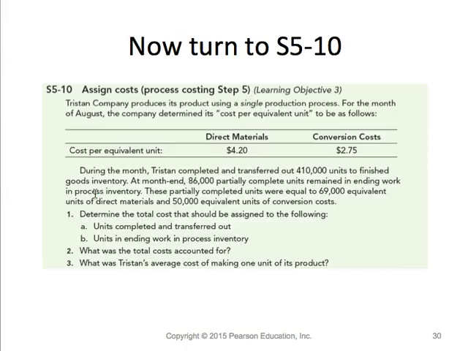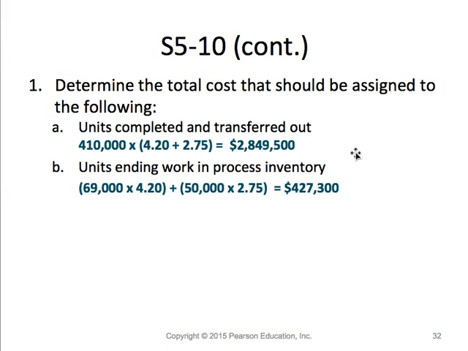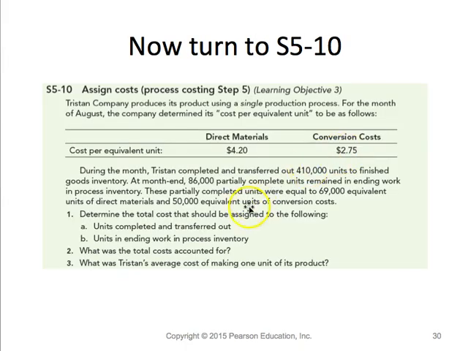There are two numbers: 69,000 is the equivalent unit of direct materials and 50,000 is the equivalent unit of conversion cost. So we're going to use 69,000 times 4.2 and 50,000 times 2.75. This is how we got to this number, units in the ending. So this is how much we have in the work in process inventory. And here is the total cost accounted for.